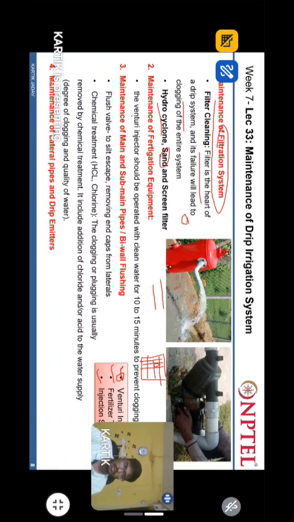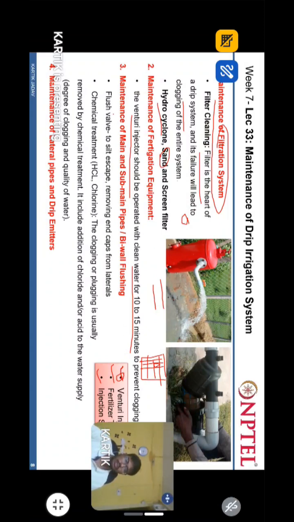So the venturi injector should be operated with clean water for 10 to 15 minutes to prevent clogging, right? Before we start irrigation via the drip irrigation system, we need to operate it for 10 to 15 minutes.